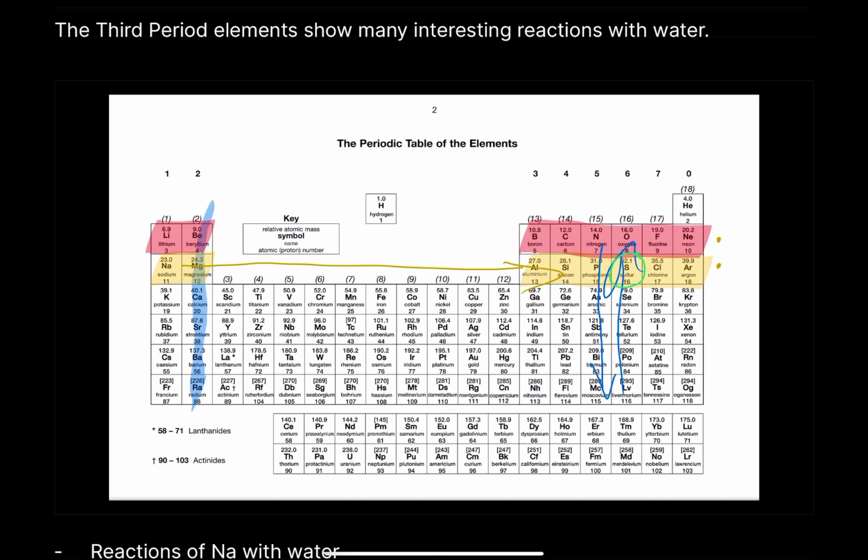Sorry, I'm really messing up my words. That electron repulsion causes a decrease in ionization enthalpy for sulfur compared to phosphorus, because it's much easier to remove an electron from sulfur in comparison to phosphorus.